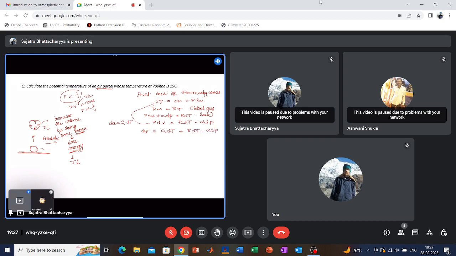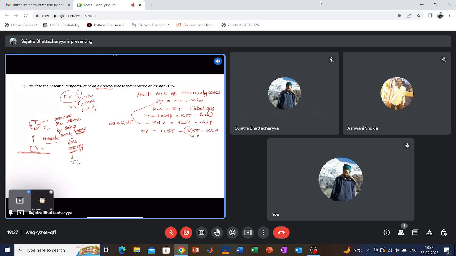Remember, this R is the specific gas constant. So for dry air, it will be Rd. For vapor, it will be Rv. Similarly, Cv for dry air will be Cvd. For vapor, it will be Cvv. Fine.